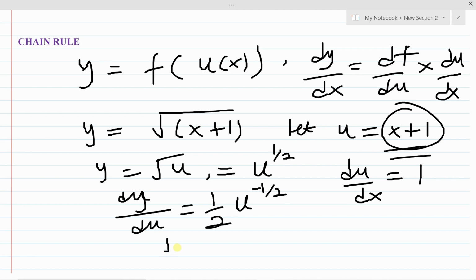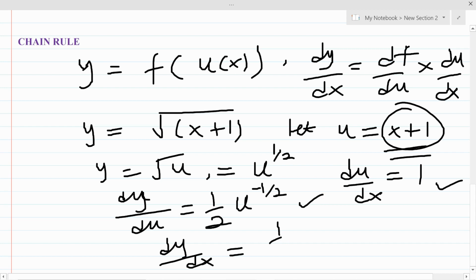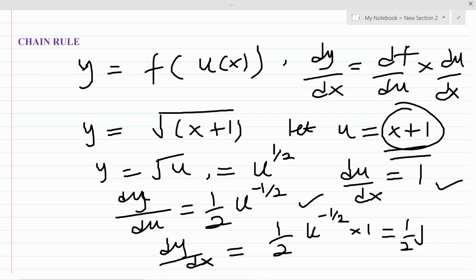Then my dy/dx is actually equal to this one times this one, because I have 1 over 2 u to the power negative 1 over 2 times 1. And u is x plus 1, so it's x plus 1 to the negative half.